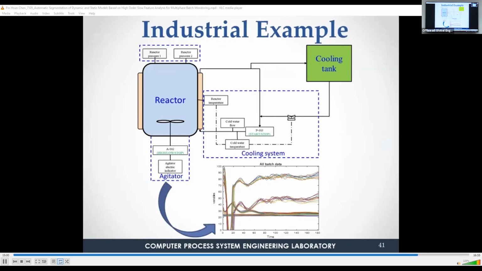And here is also a real industrial process to prove that MLHOSFA PCA is more effective than other monitoring methods. Here is a real PVC synthesis process with a total of 4 variables, as shown in the figure.